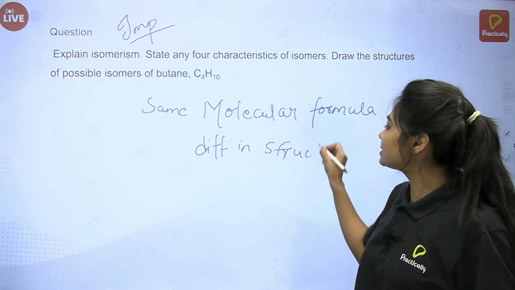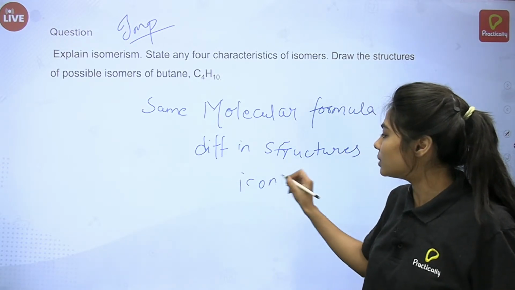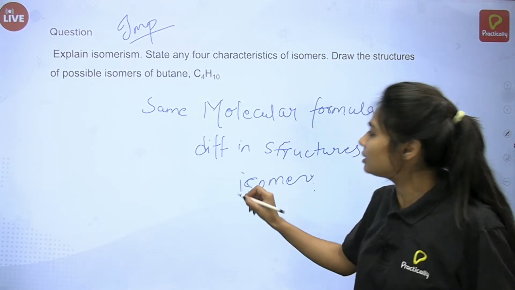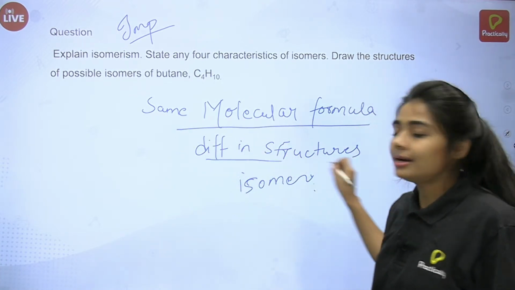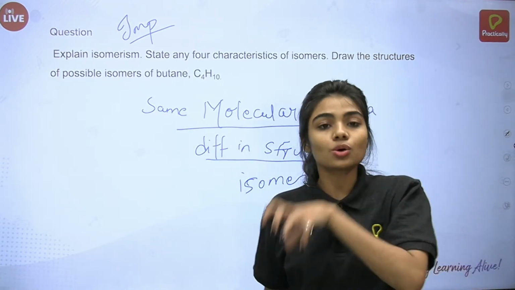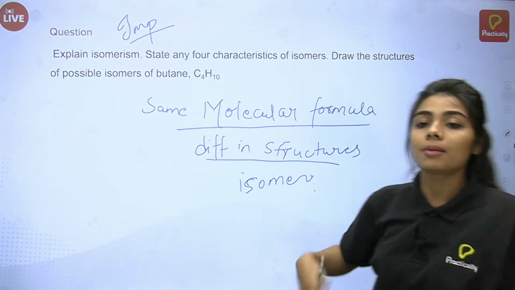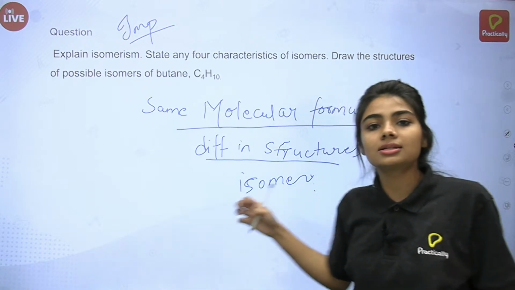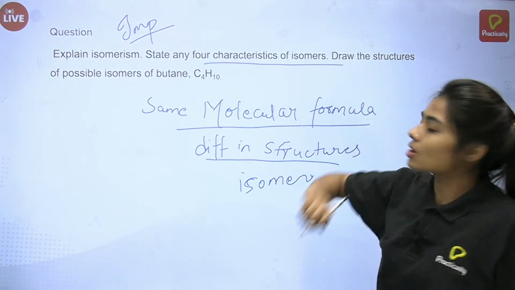These are called isomers. I have written these things because these are the keywords to write the definition of isomer. So what are isomers? Those which have the same molecular formula but differ in structure. These are called isomers.